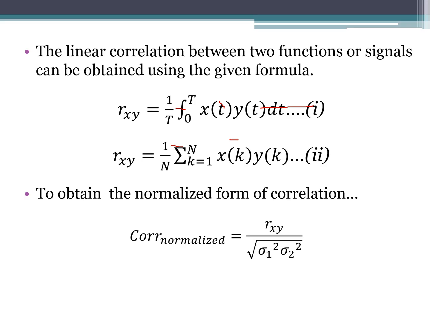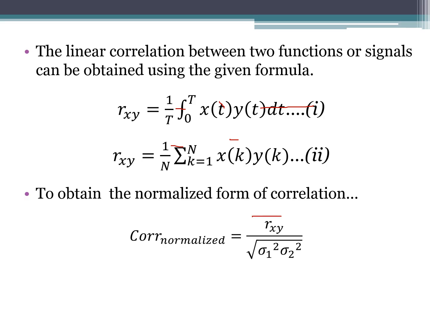It is also common to modify these two equations to obtain the normalized form of the correlation. To obtain the normalized form, you will divide the correlation obtained by using equation 1 and equation 2 by the square root of the product of the variances of the two signals.